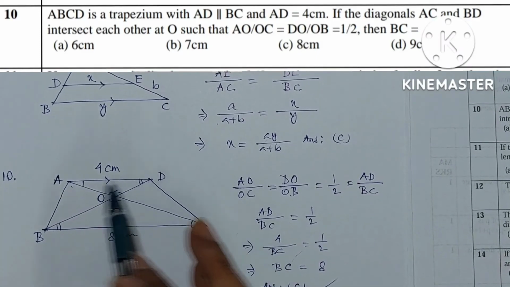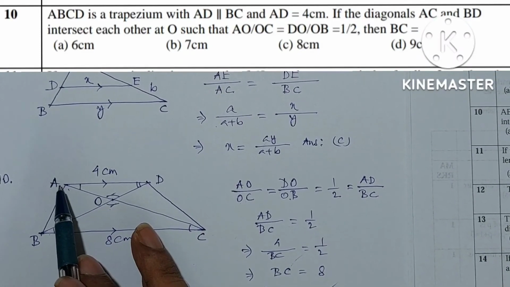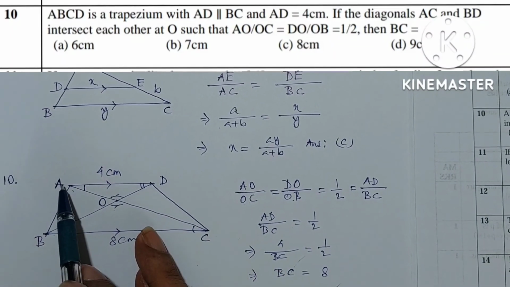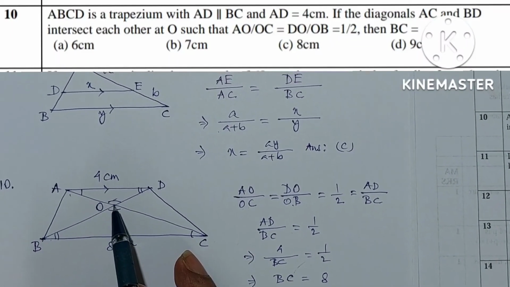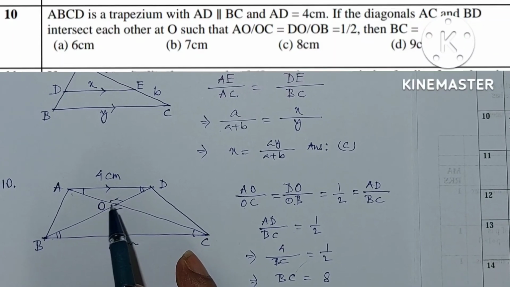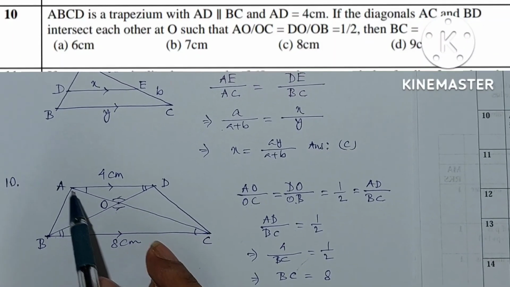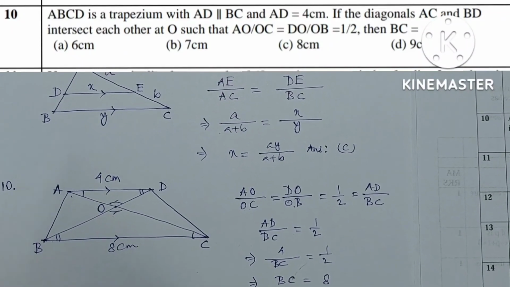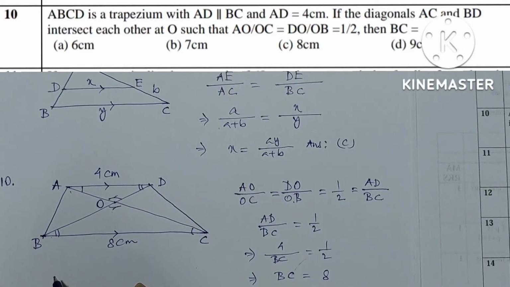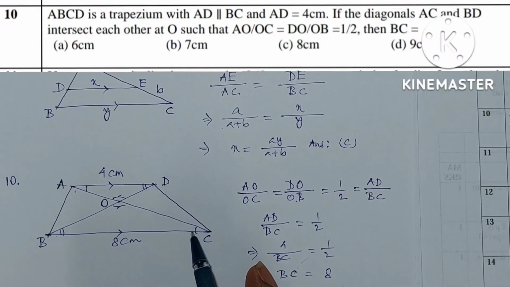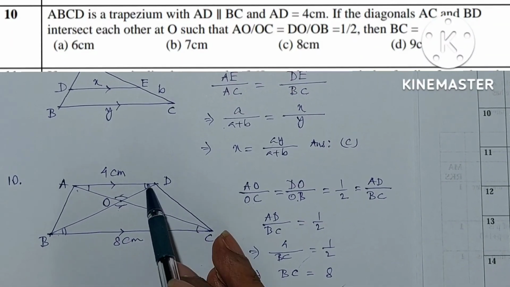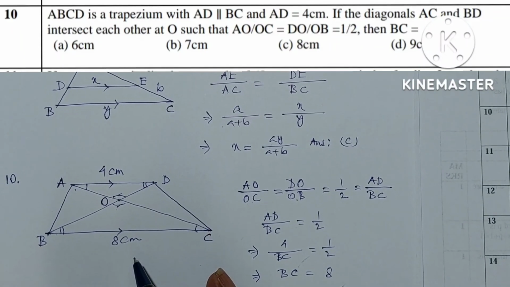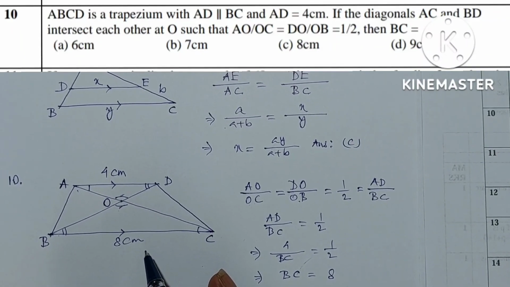Here ABCD is a trapezium and AD is parallel to BC, and the diagonals AC and BD intersect each other at O. So triangle AOD and triangle COB are similar, since this angle equals this angle, alternate angles, and this angle equals this angle, also alternate angles, and this angle equals this angle, vertically opposite angles.